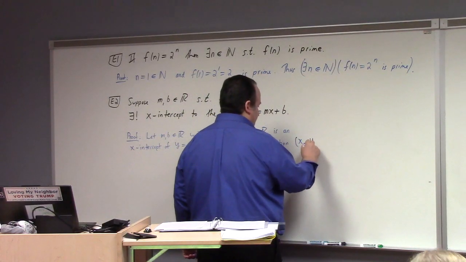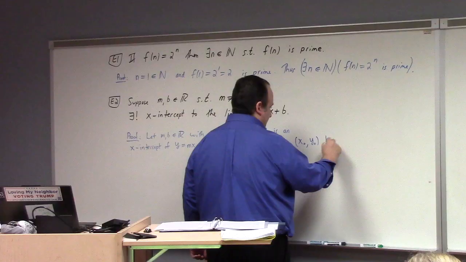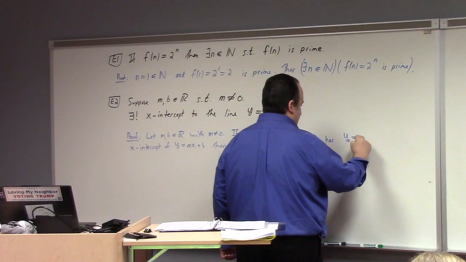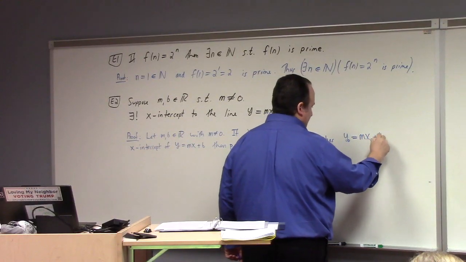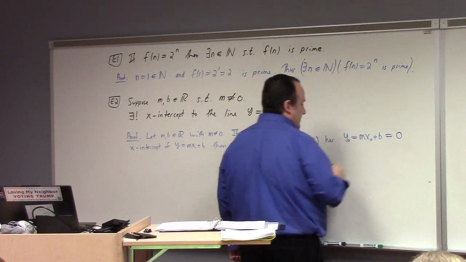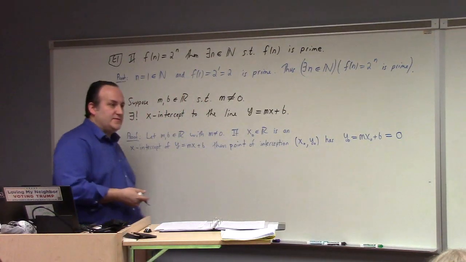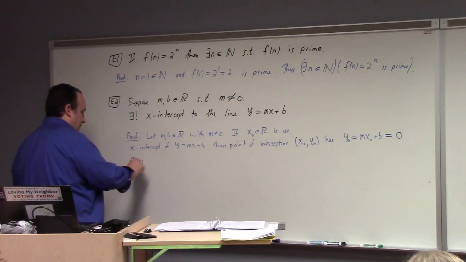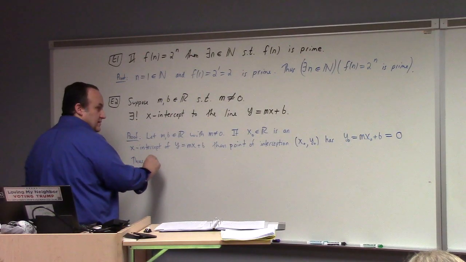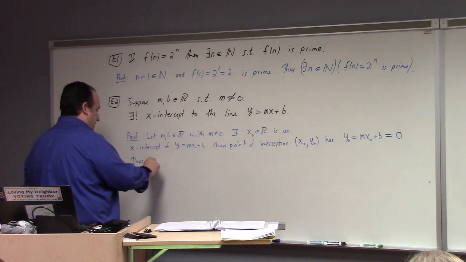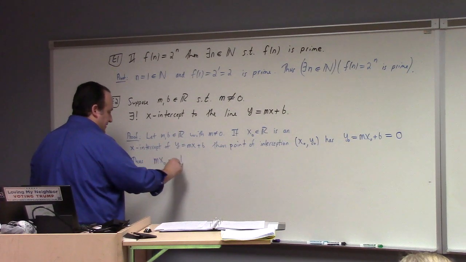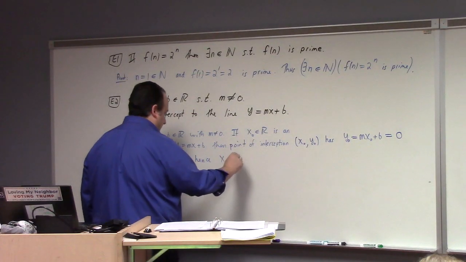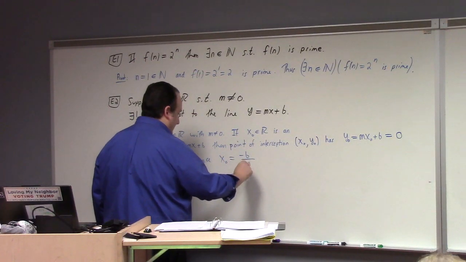So, let's call the point of intersection x naught, y naught. It has what? y naught equals mx naught plus b, but it's also equal to 0, right? That's what we mean by x-intercept. Thus, what's x naught equal to? We have mx naught is equal to minus b, hence x naught is equal to minus b over m.